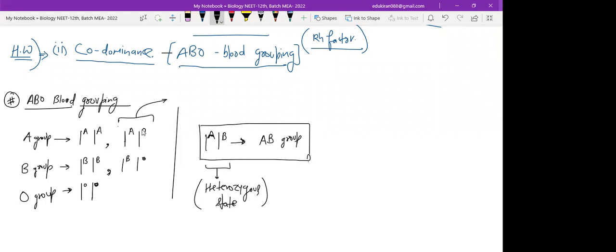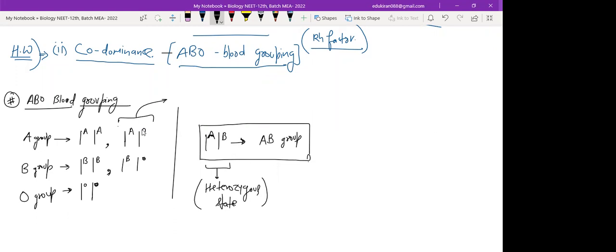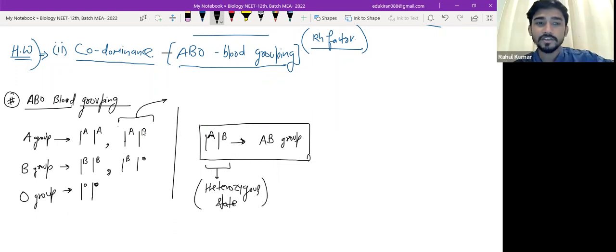If two fighters are fighting, you can say that boxer A is dominant over boxer B, right? If in the ring there is only one boxer, can you say that boxer A is dominant over the empty space? No, right? So this is what the condition is. In this group, only one parent gave an antigen, the other parent did not.